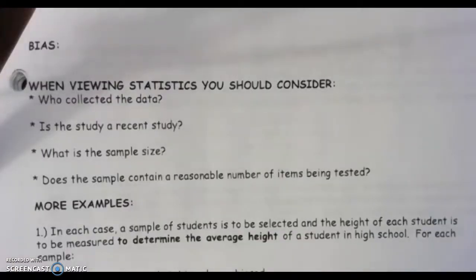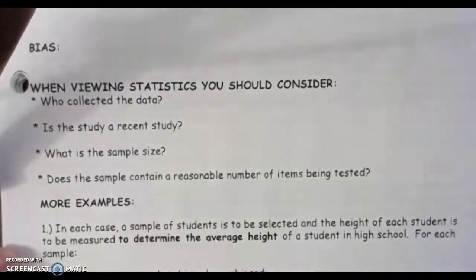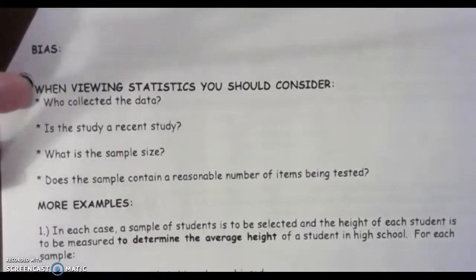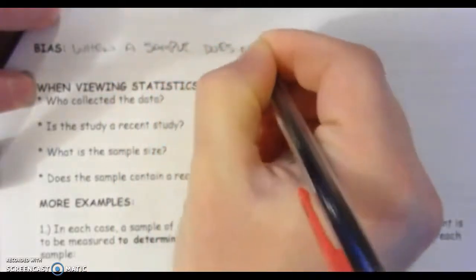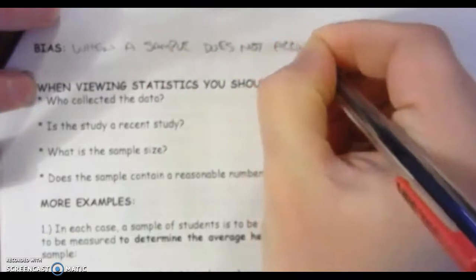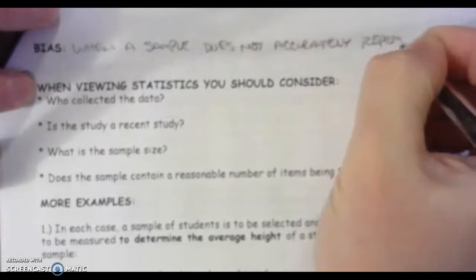In a lot of surveys that get done, rather than asking every single person of a population, you're going to ask a smaller sample of the population. And something that you want to avoid is what is called bias. That might be a word that you have heard before. When we talk about bias with a survey, this is when a sample does not accurately represent the population.